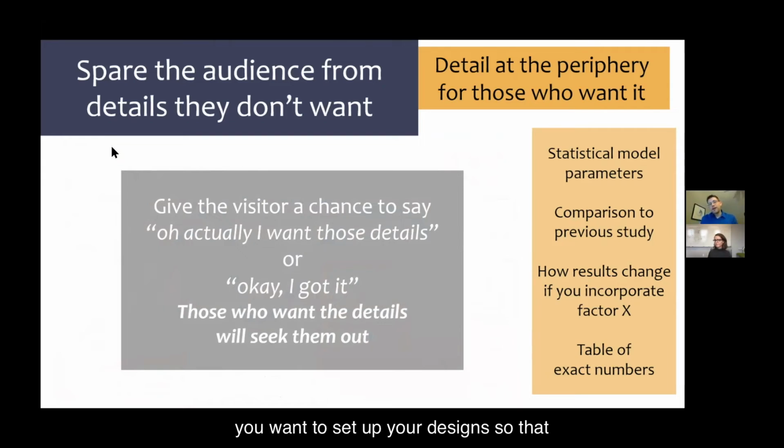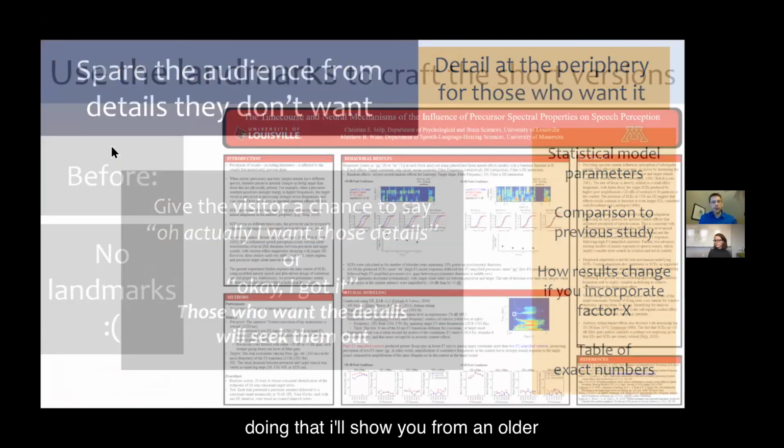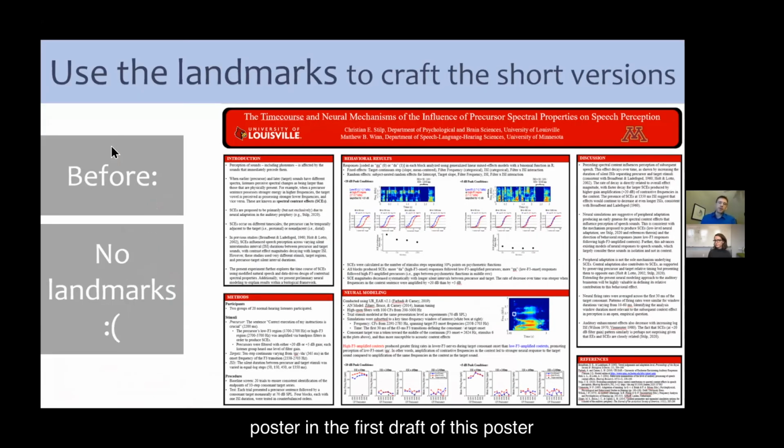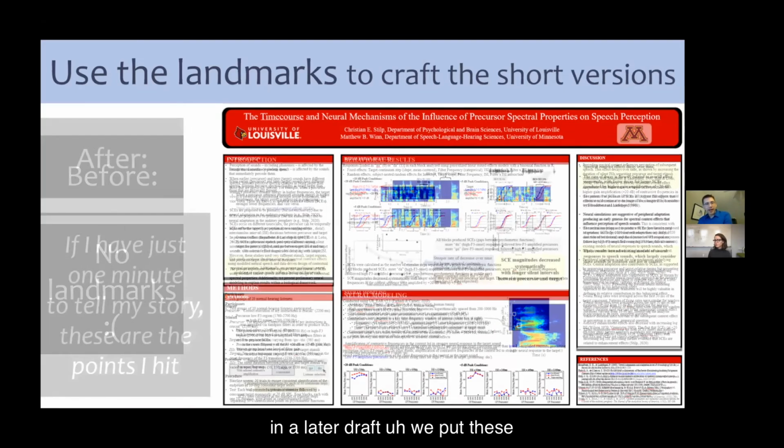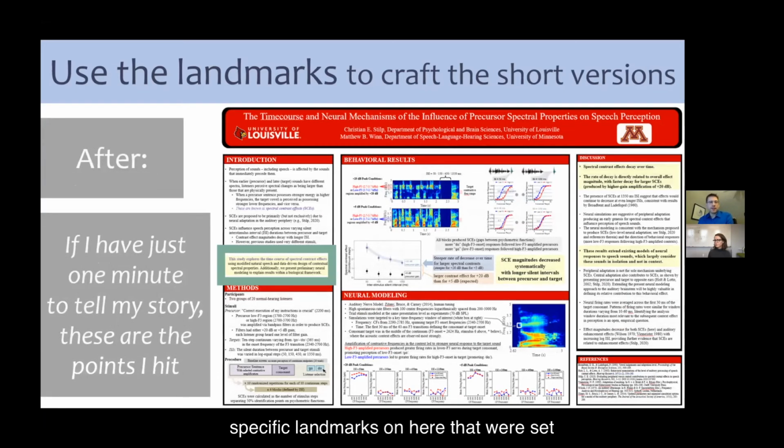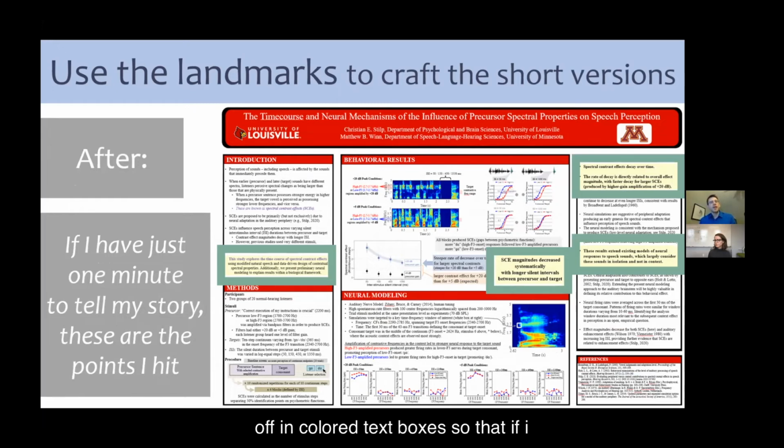So you want to set up your design so that you can do this. Here's one way of doing that. I'll show you from an older poster. In the first draft of this poster, there were no landmarks to help someone quickly follow along with where to go. In a later draft, we put these specific landmarks on here that were set off in colored text boxes, so that if I just had 1 minute to tell the story, here are the points I would hit.